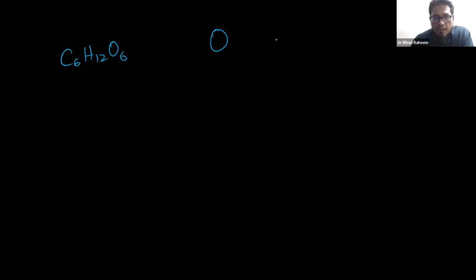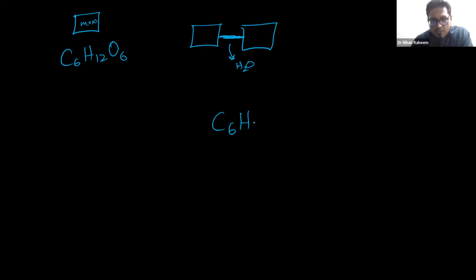When two monosaccharides are joining, I'll show like a box. This is one monosaccharide. When two monosaccharides are joining, they will form a bond now. When forming this bond, one water will be released. So, C6H12O6 plus C6H12O6.